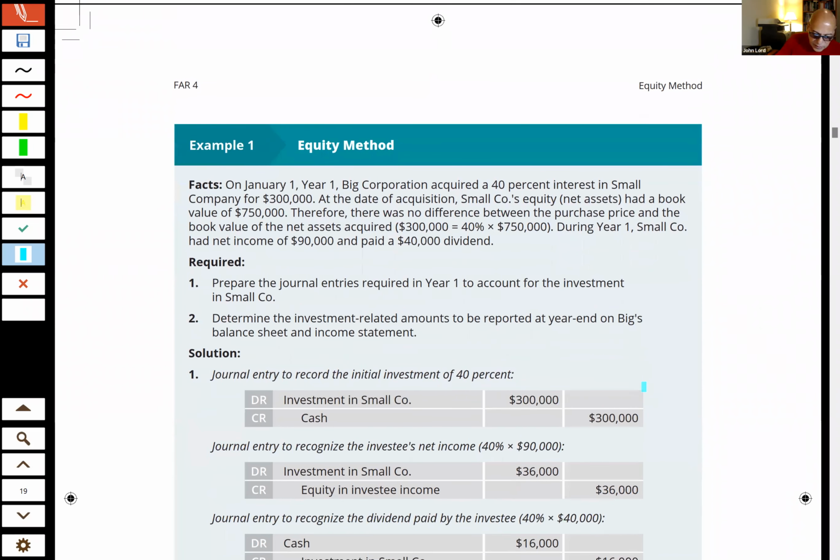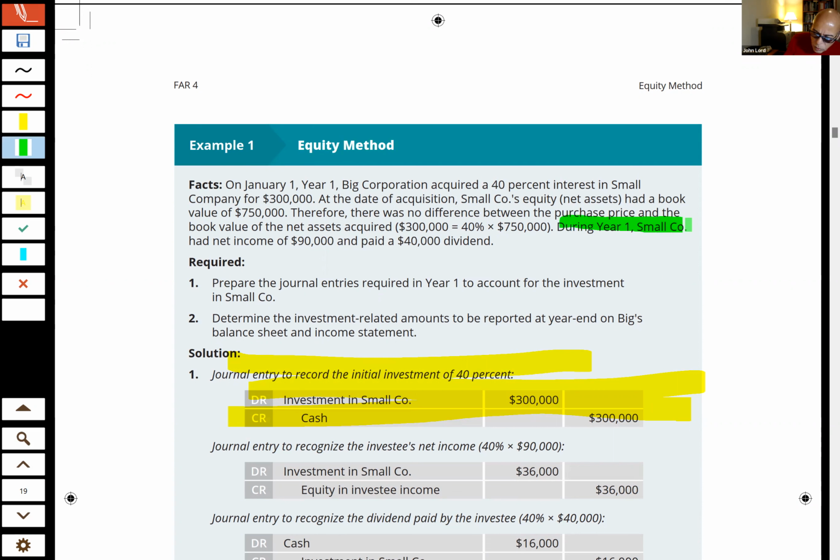They tell us that they invested $300,000 for a 40% interest. We're going to appropriately use the equity method. They tell us some stuff about goodwill or anything like that, which is not important for us at this time, and I don't want to confuse the issue right now.